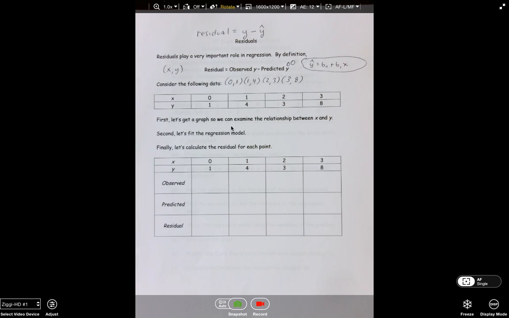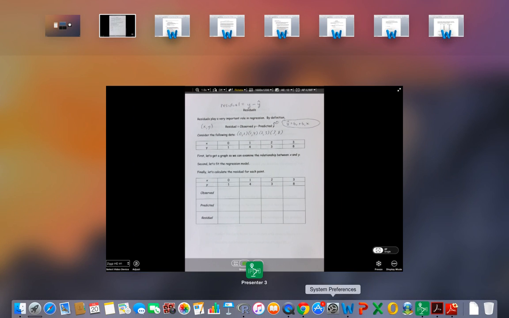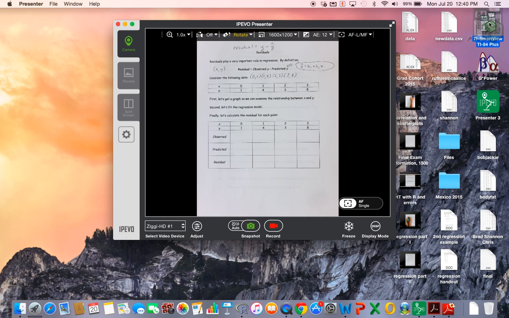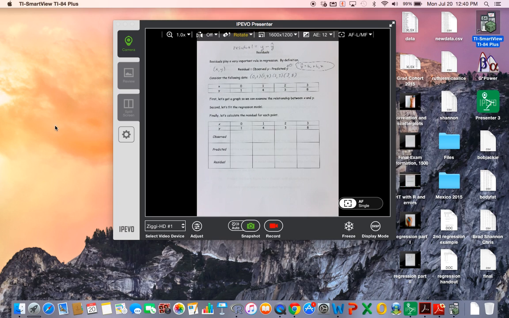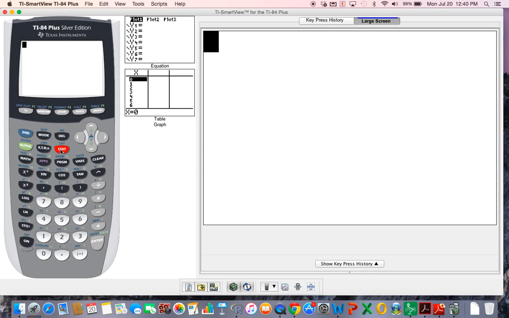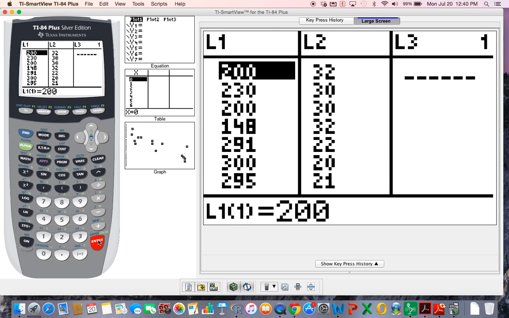First thing I want you to do is get a graph so we can examine the relationship between x and y. I don't have my calculator up. So first thing I would want to do is go into edit.